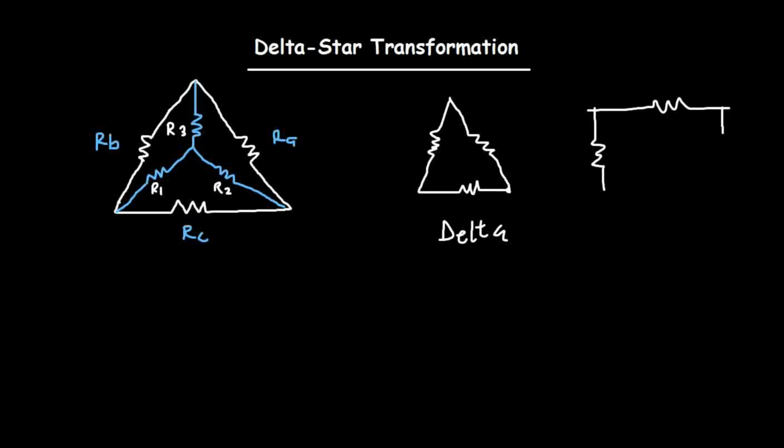So this is also a different form of the delta connection. It is known as the pi network. If you don't see the delta and you see the pi, it is the same thing. And then you have the star connection also.